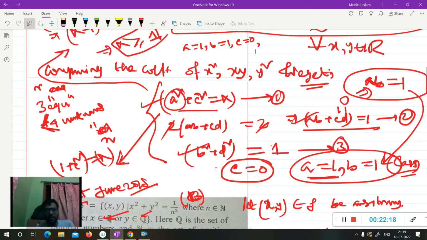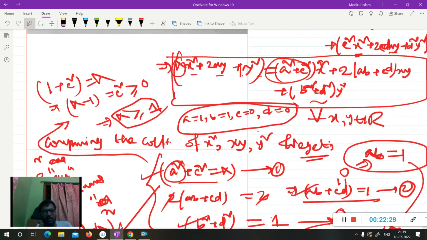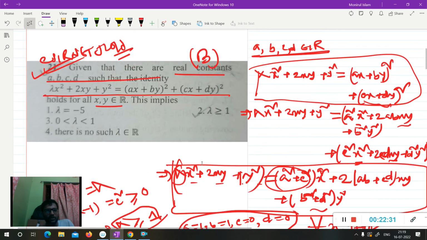If B is 1, then putting B equal to 1 here gives D equal to 0. So A equal to 1, B equal to 1, C equal to 0, D equal to 0. Using these constants, with this identity it gives lambda equal to 1.